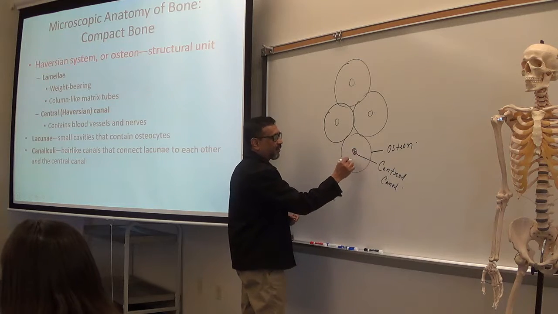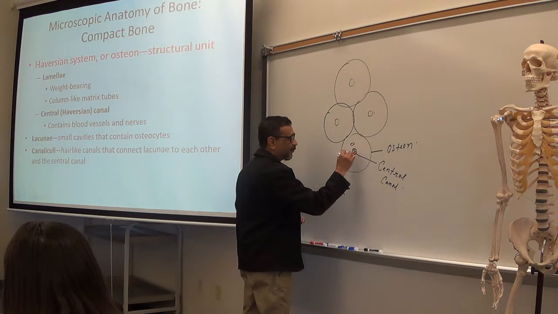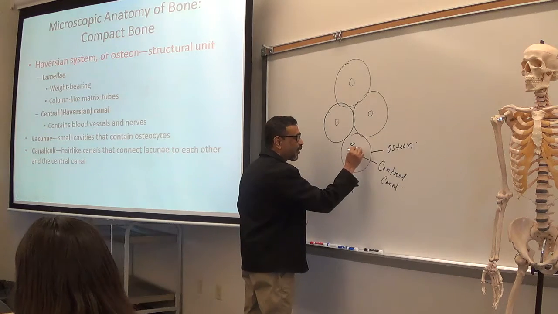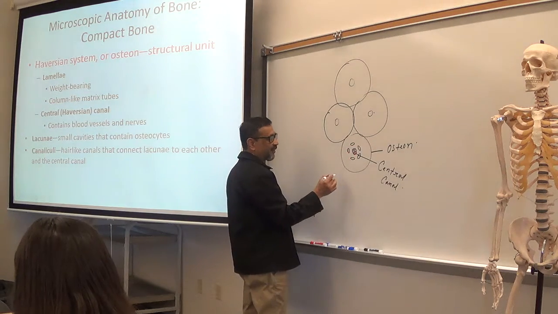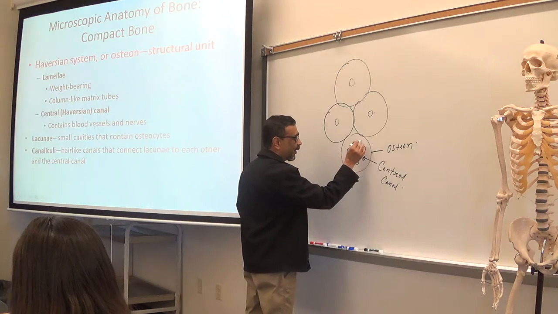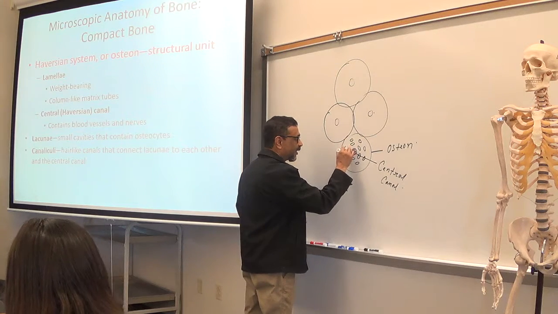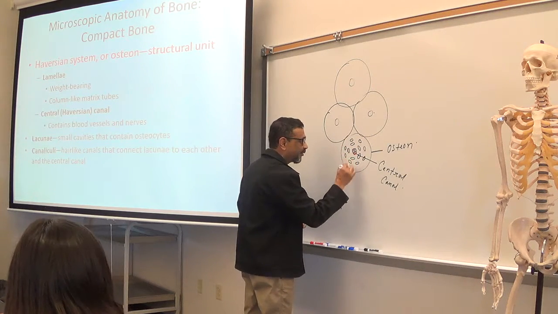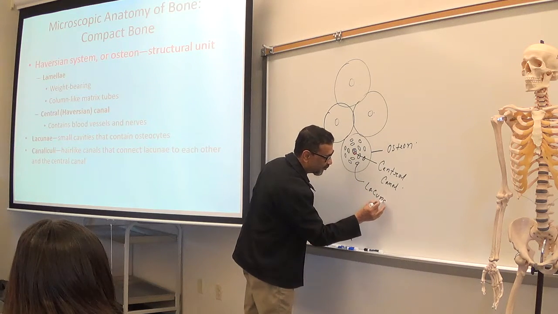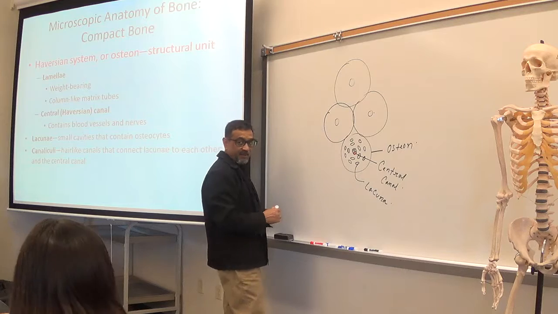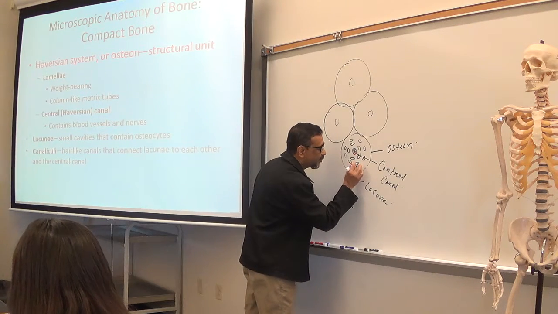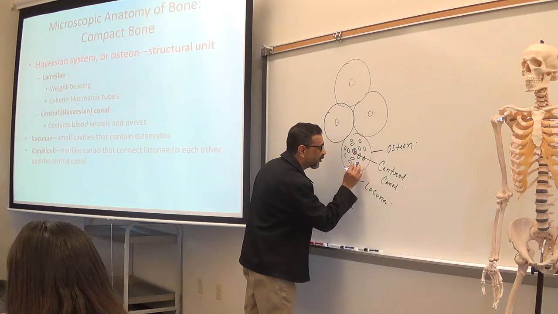Now, around the central canal, you have lacunae, small cavities like this. So these are lacunae, tiny cavities. Okay, and inside the lacunae, you have mature bone cells called osteocytes. You already know that.